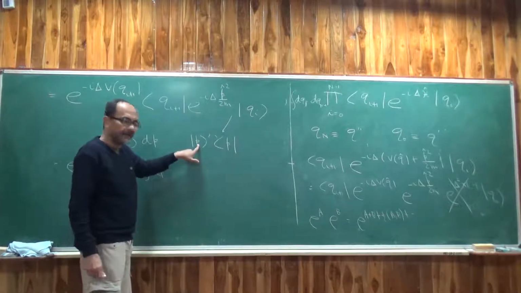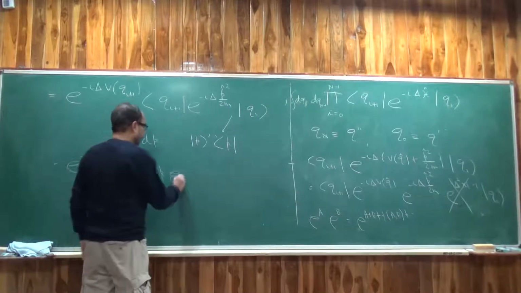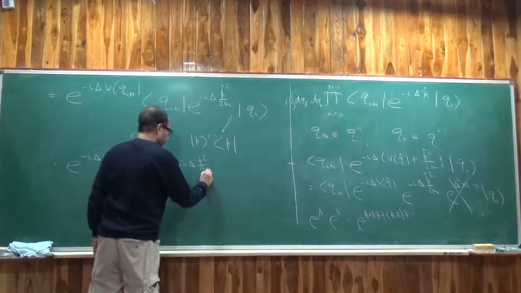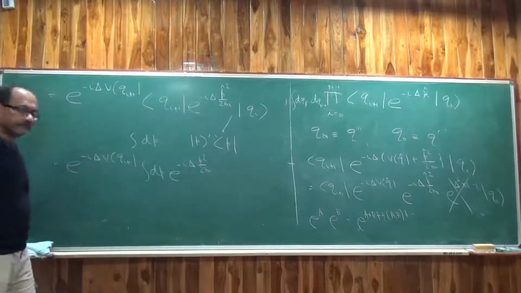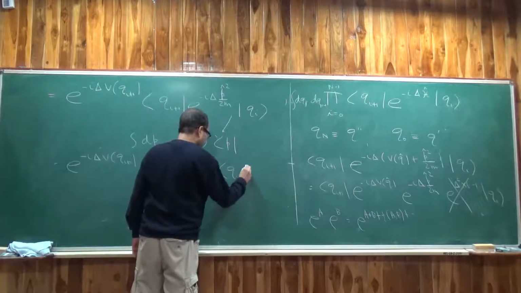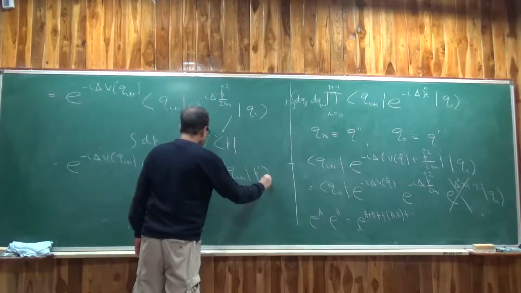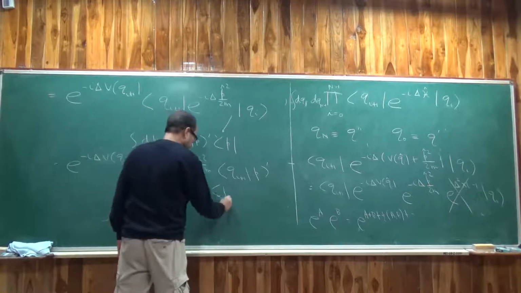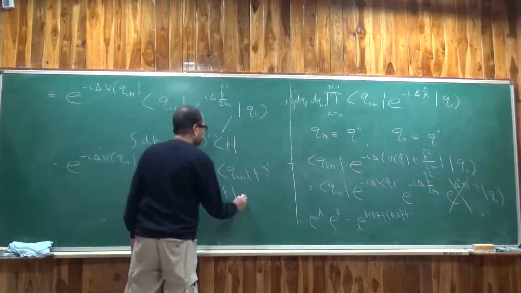Same argument. So e to the power minus i delta p square by 2m. And then you have q i plus 1 with p, and then p with q i.